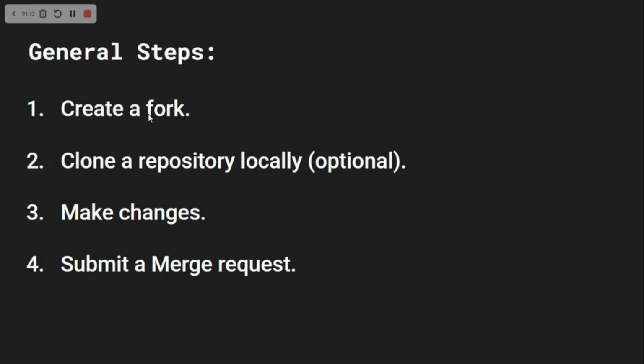However, in your day-to-day life as a developer, you will have to deal with the dynamics that take place in this step, so we are going to check it. Third, make changes. And fourth, and finally, submit a merge request.